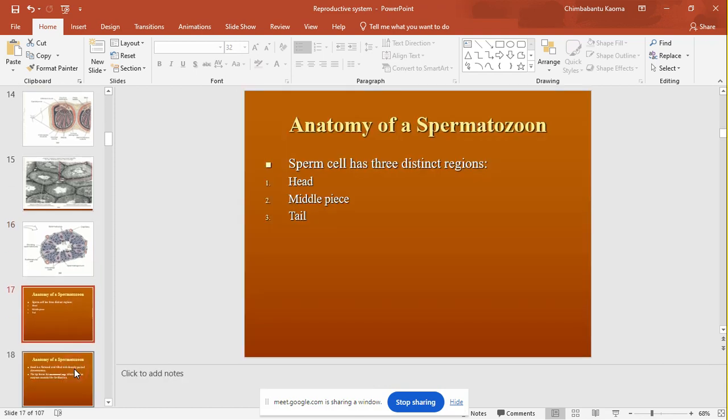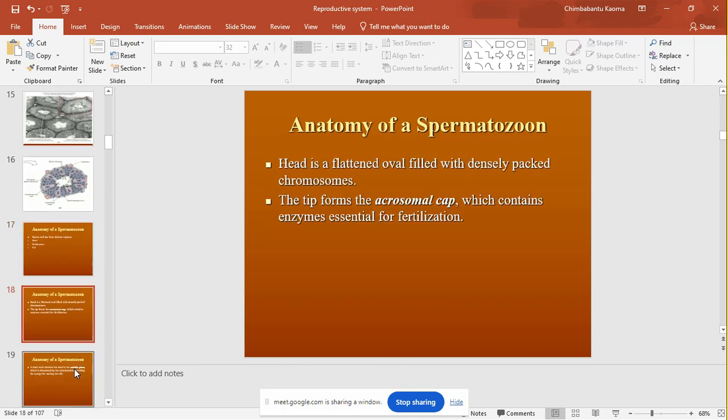So it's very simple. We can quickly talk about the spermatozoa itself, or the sperm. It's basically made of three parts: a head, a middle piece, and a tail piece. The head is basically packed with chromosomes.